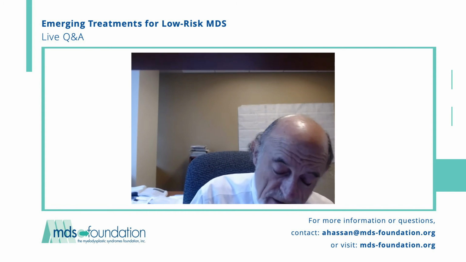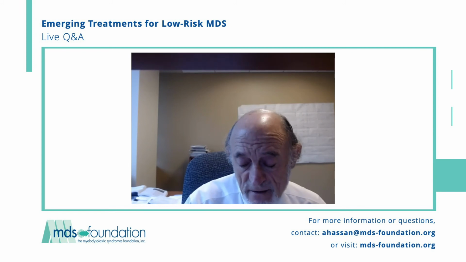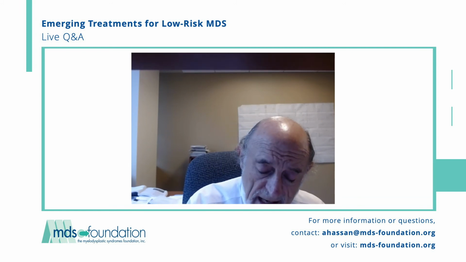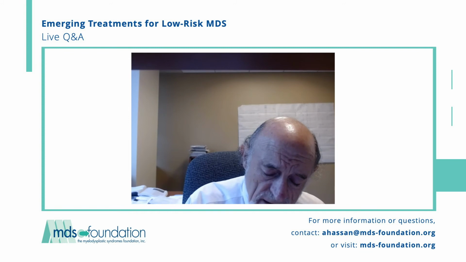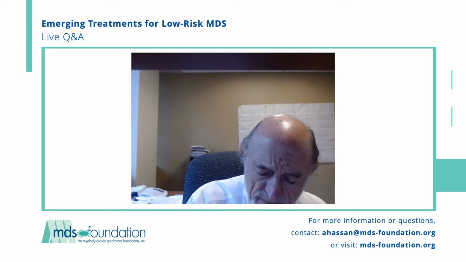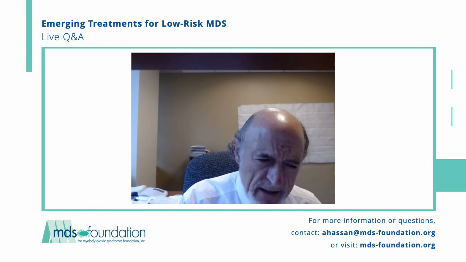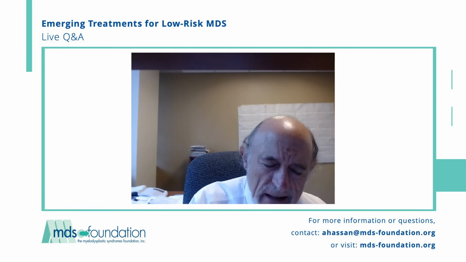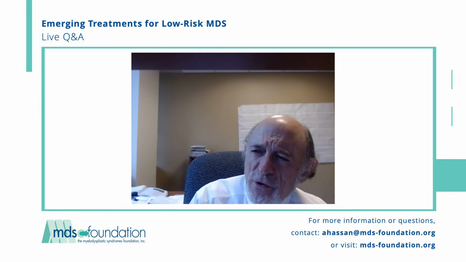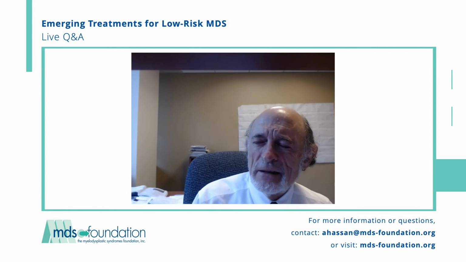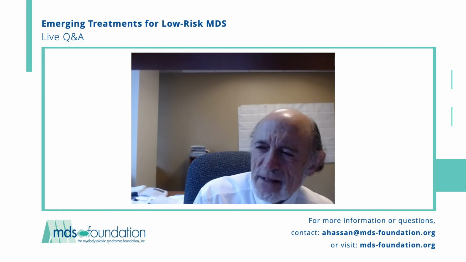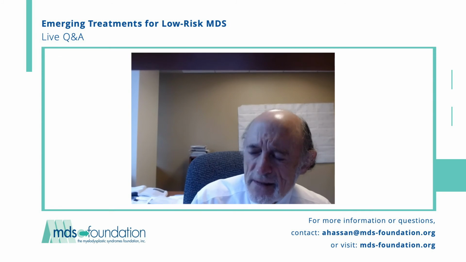It's more likely to progress than just remain stable, but it could take some years to progress. Because with the IPSS-R score, if your neutrophil count's normal and there's no hemoglobin level, let's say, below 10, and it's just the platelet count that's low, the score is low. But it could progress over time, so just keep that in mind. Should one consider at some point having a transplant should the disease progress?